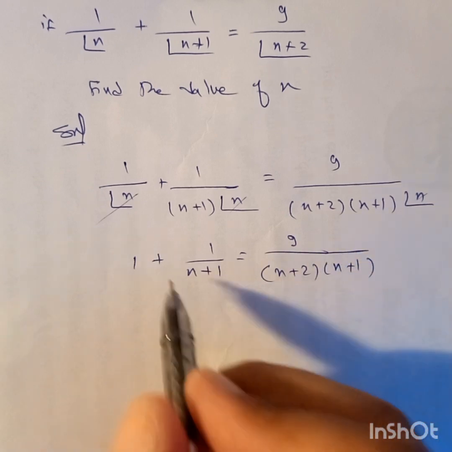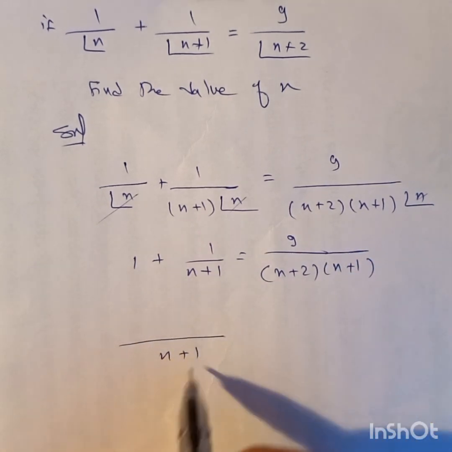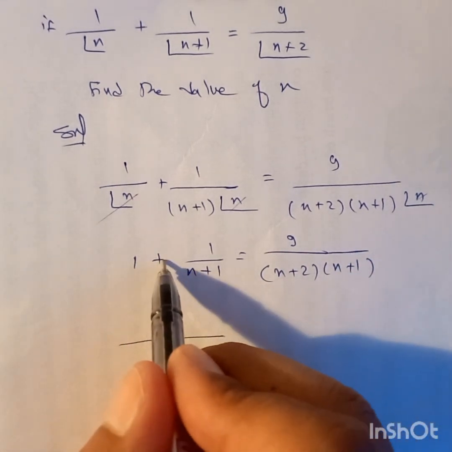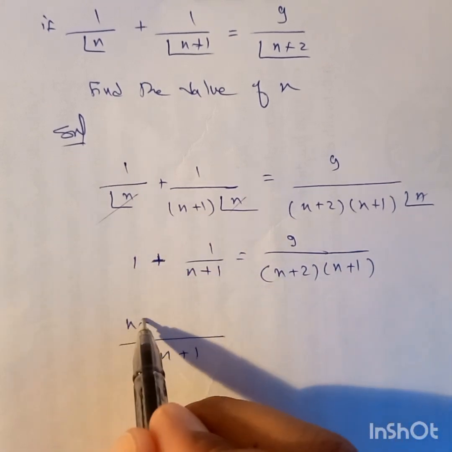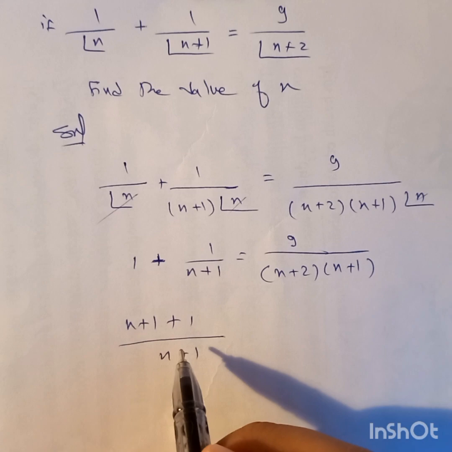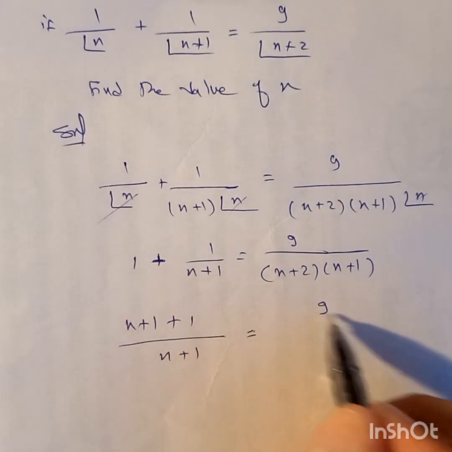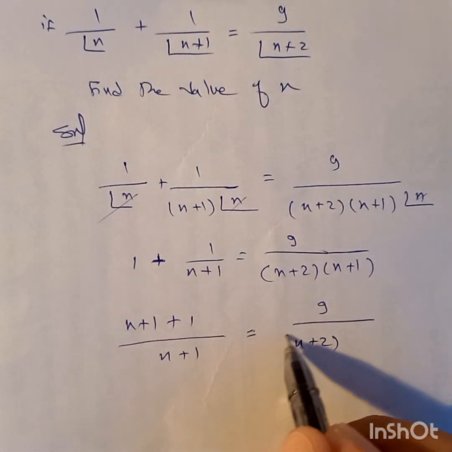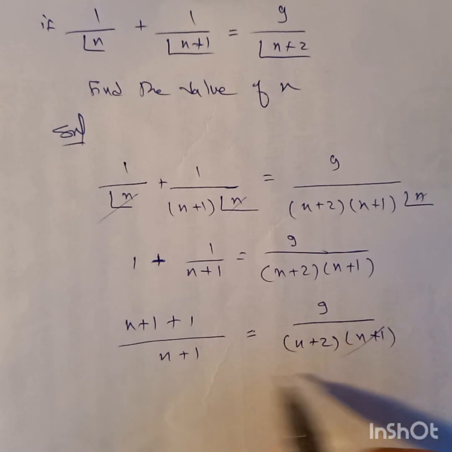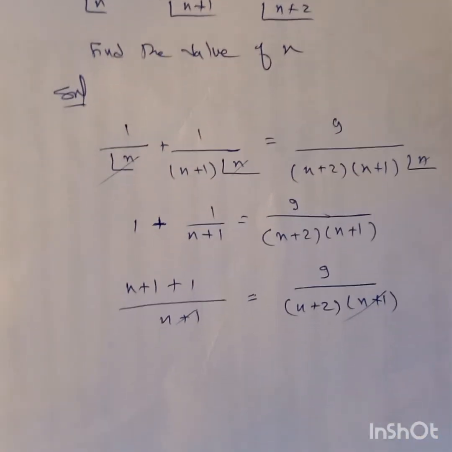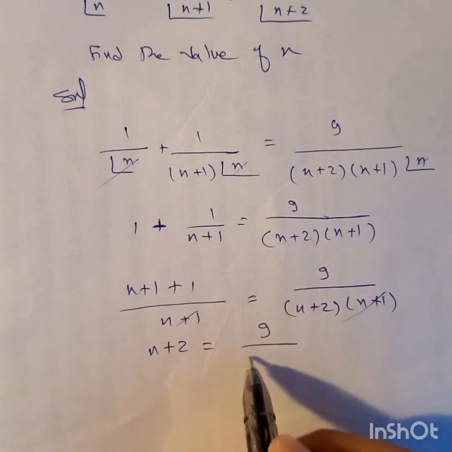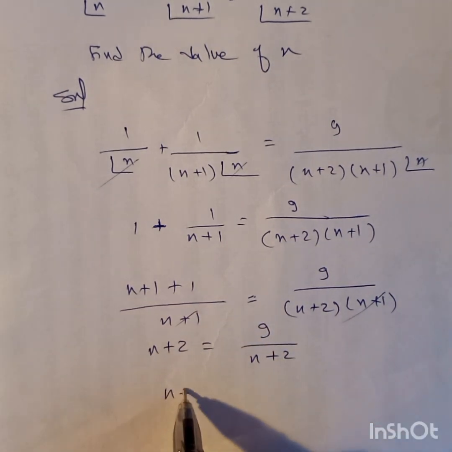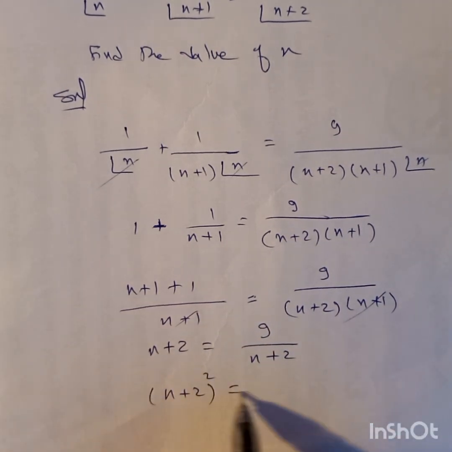Here we can take n plus 1 as common denominator. Then we have n plus 1 plus 1 equals 9 divided by (n plus 2) times (n plus 1). Then this one will cancel with this one. Then we have n plus 2 equals 9 divided by n plus 2. Then we have (n plus 2) squared equals 9.